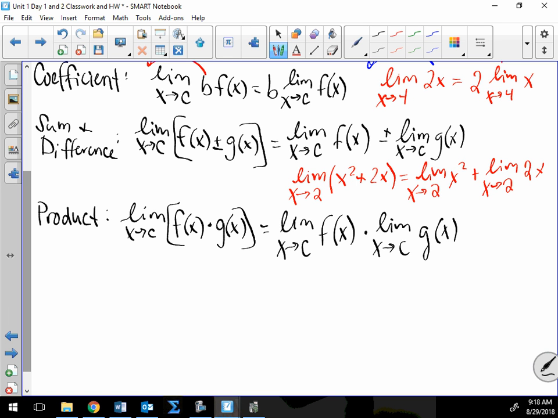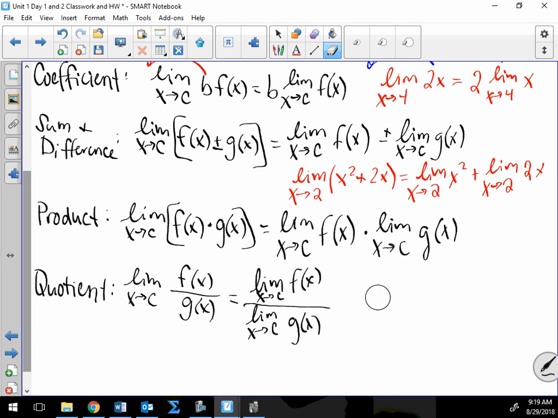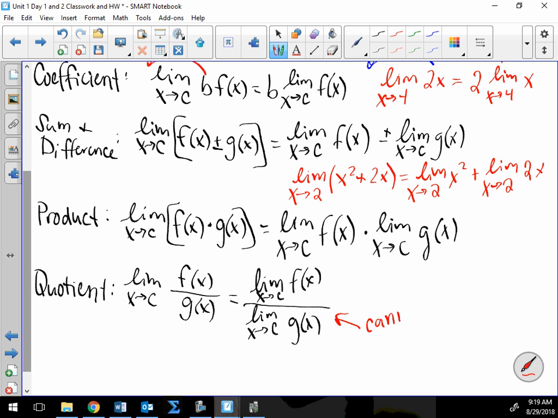Because we can't divide by 0. So we write out quotient: the limit as x approaches c of f of x divided by g of x is the same thing as the limit of the top function divided by the limit of the bottom function, with the disclaimer that the limit as x approaches c of g of x must not be zero.